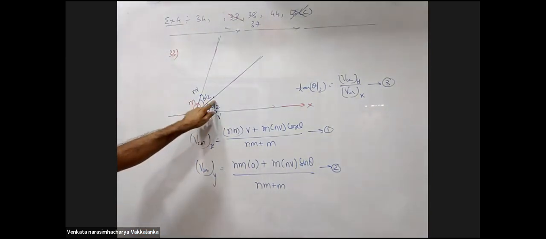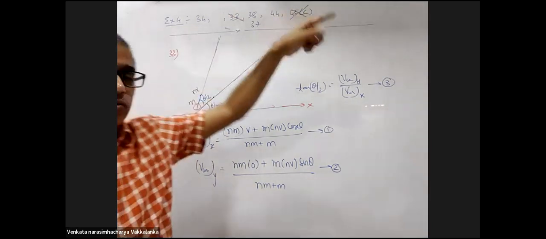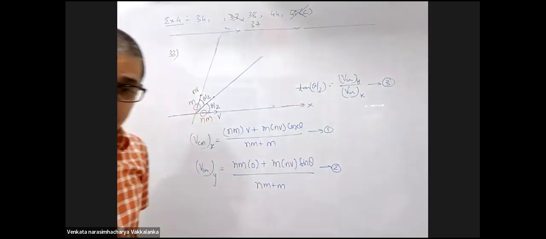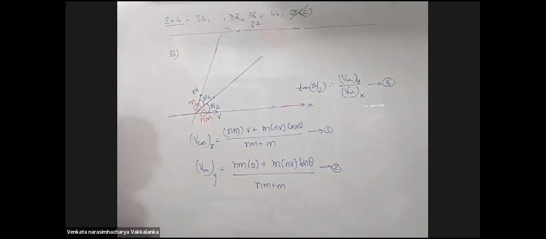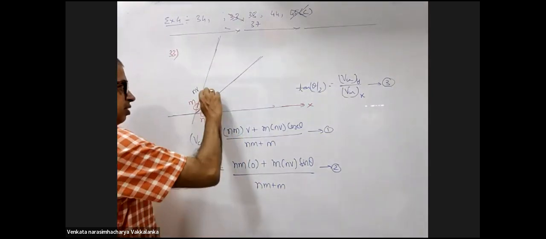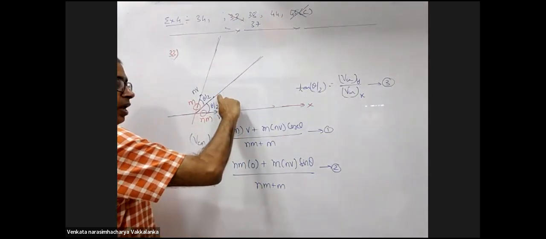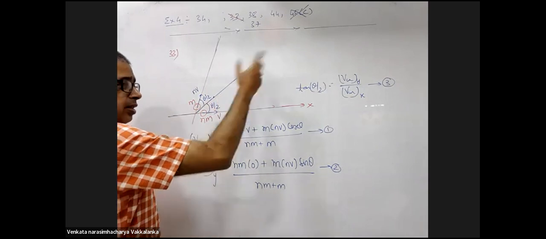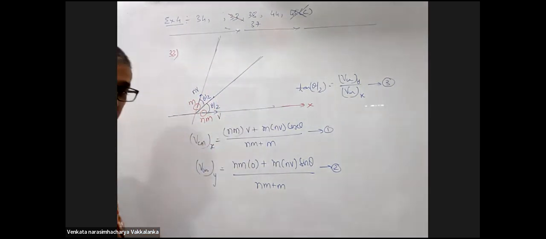So resolve this velocity this way, and find out VCM. That makes more sense actually. This velocity, I'll resolve along this line, and then find out VCM because he's telling you it's traveling in that direction.